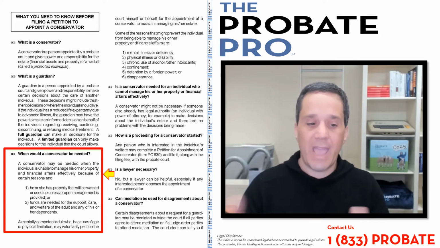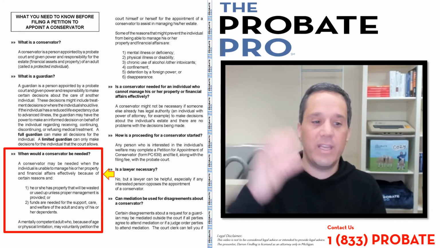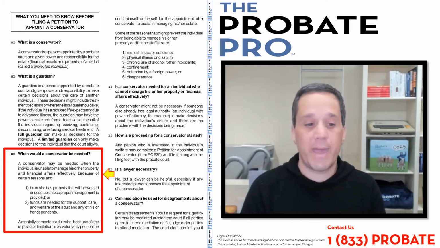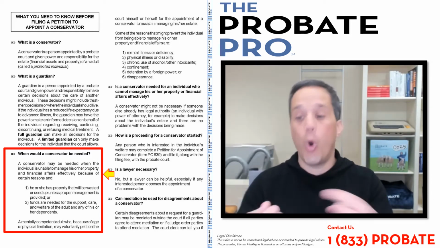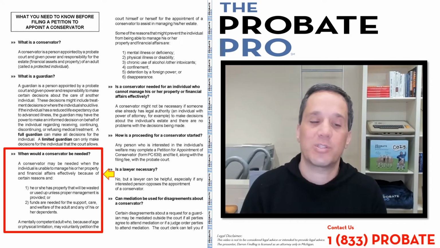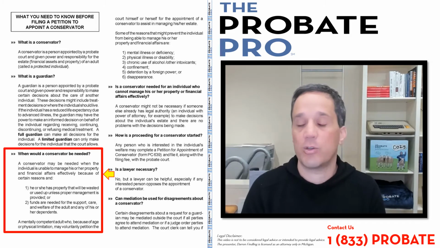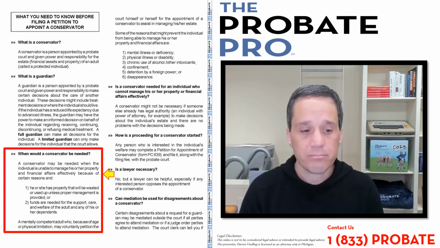So again, these are two-pronged tests, but there are really three requirements here: that there is an individual unable to manage his or her property and financial affairs, he or she has property that will be wasted, or funds are needed for the support, care, and welfare of the adult or their dependents.